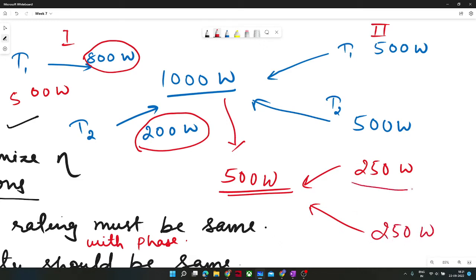If this transformer or any grid has the capability of producing or transferring some level of power, the maximum efficiency appears at full load, right?